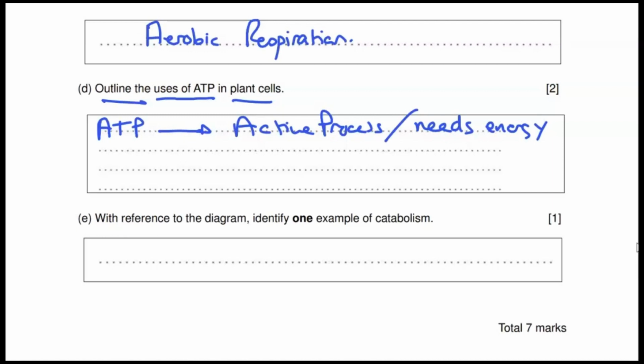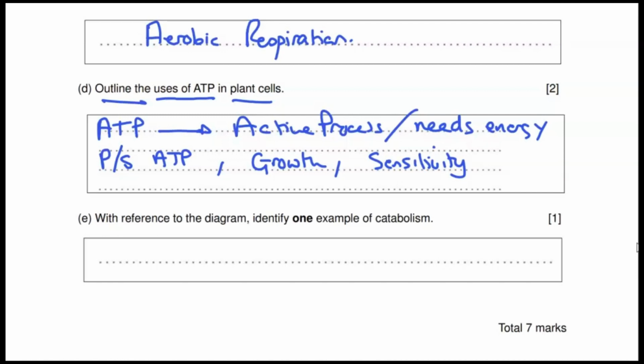So photosynthesis requires ATP. You'll remember it's produced in the light dependent reaction. Processes of growth require ATP. Sensitivity also requires ATP, so growth in response to a stimulus.